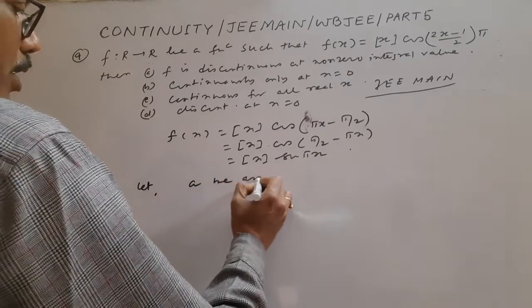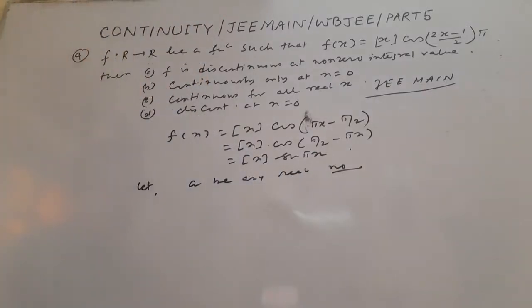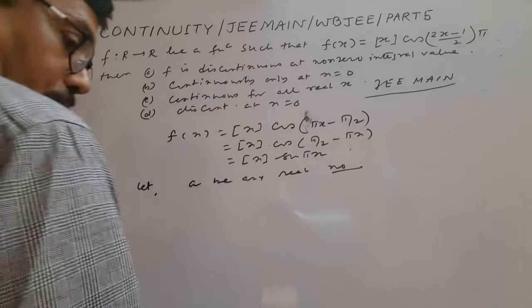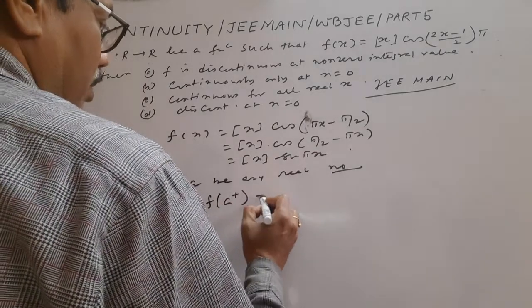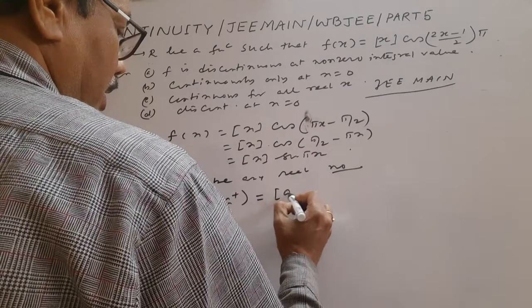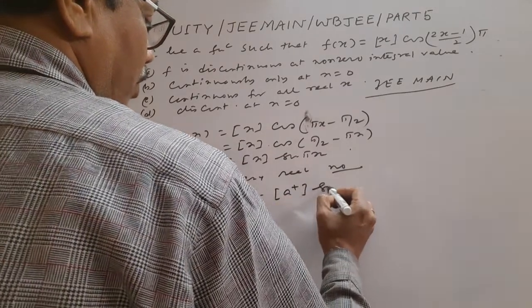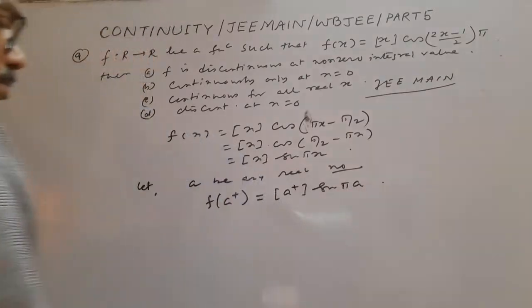A is any real number. So what is f a plus? Equals to third bracket a plus sin pi a.